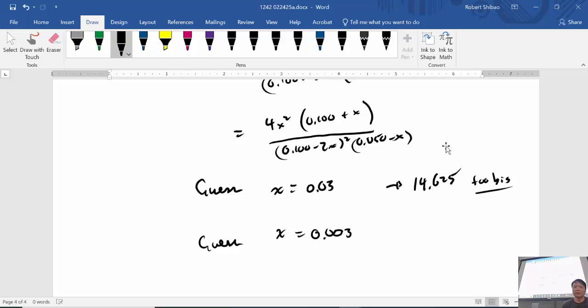Okay, we'll try that. So I'll just go ahead and do it. It's going to be 4 times 0.003 squared, and then times, I'll put it in parentheses this time, 0.1 plus 0.003. So it's going to be 0.103. I guess I don't really need parentheses.